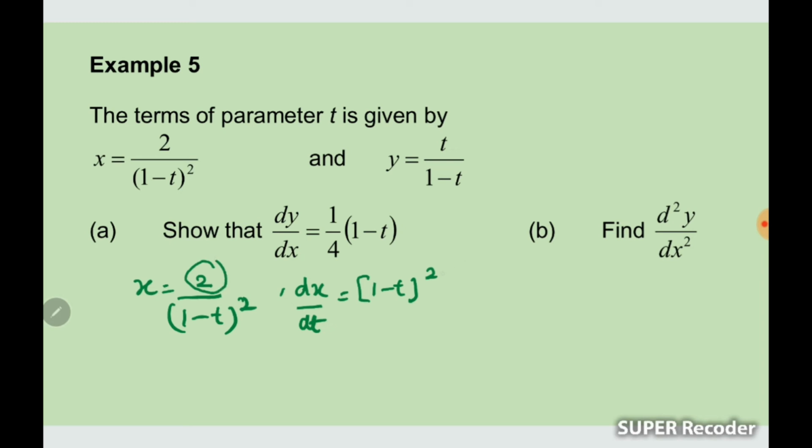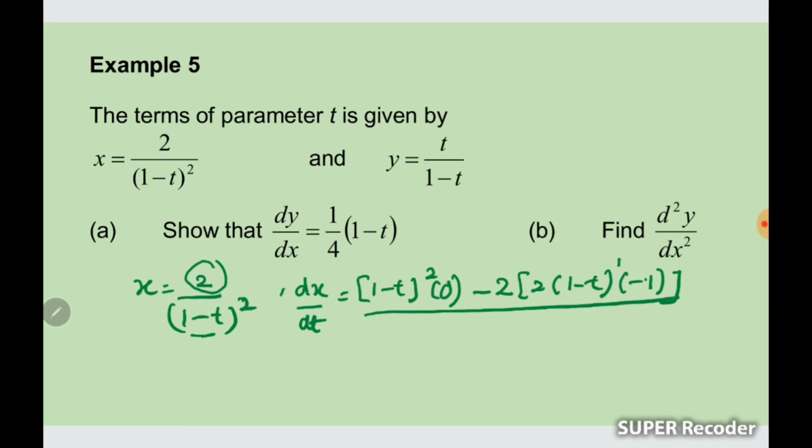The answer is 0. Minus, we copy 2, then you need to differentiate v prime. So 2 times (1 minus t) to the power of 1, differentiate 1 minus t, the answer is negative 1. Close the bracket. Then you have to divide by (1 minus t) to the power of 4.